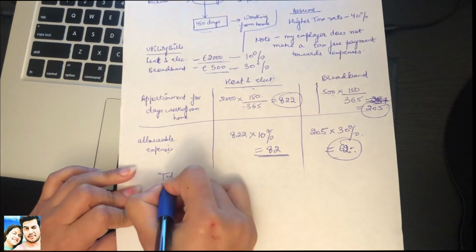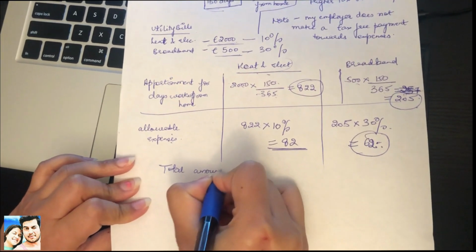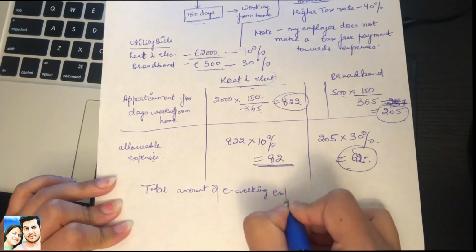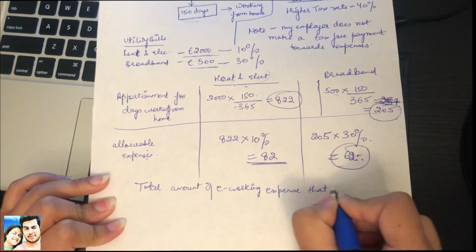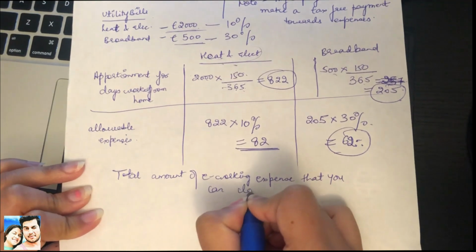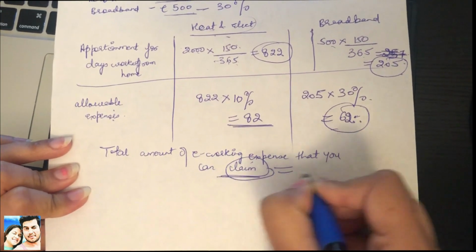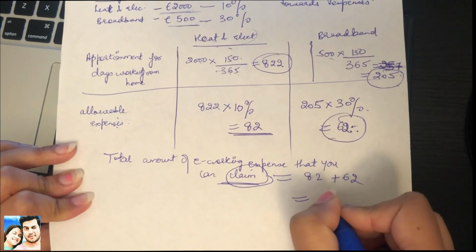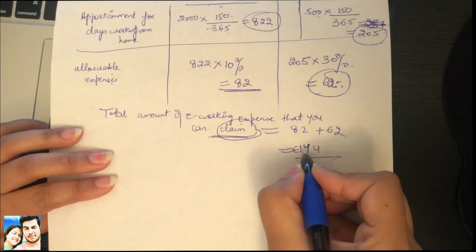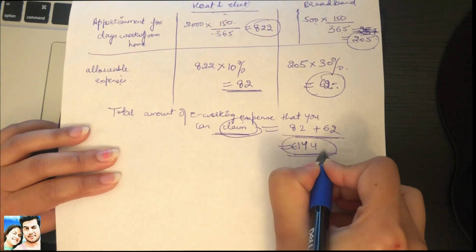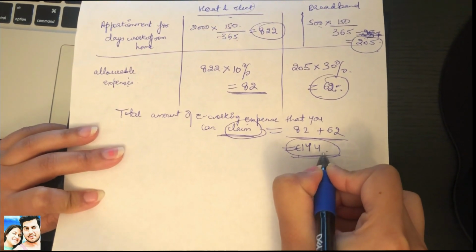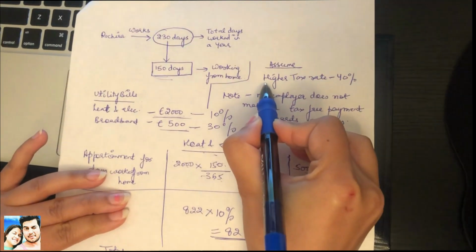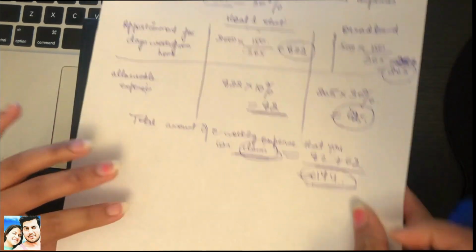So now the total amount of e-working expense that you can claim would be 82 plus 62, the total of which would be 144, out of which, whatever I've assumed here, you are paying a higher tax rate of 40%.